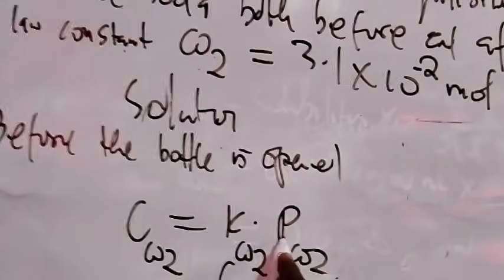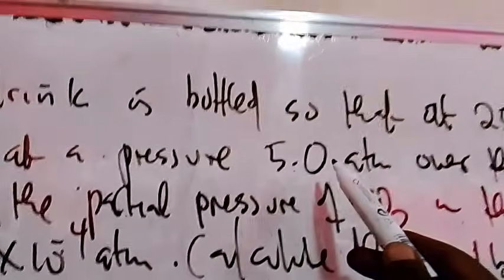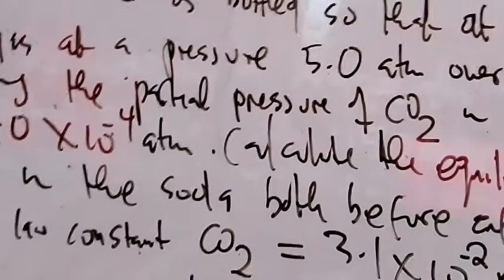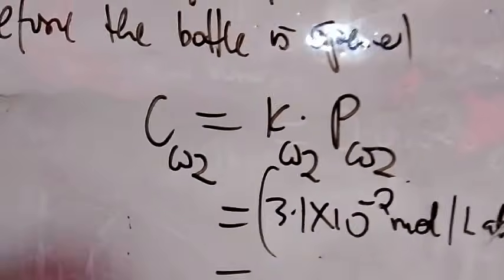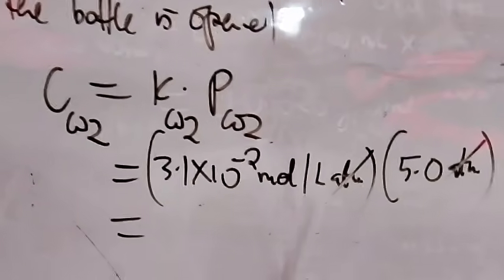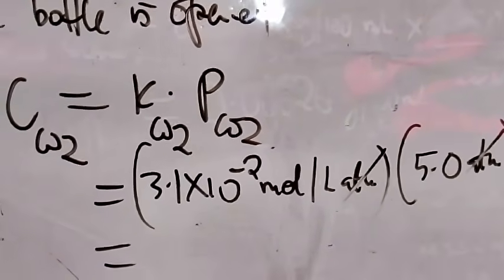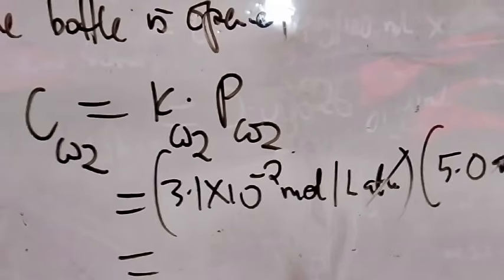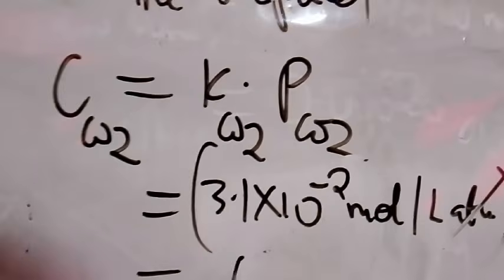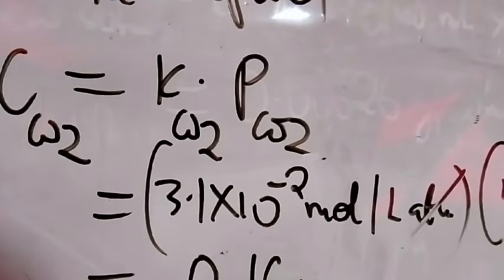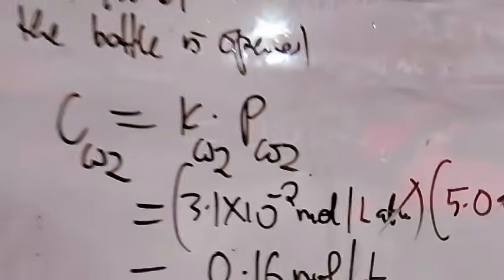Then the partial pressure of carbon dioxide in the bottle is 5.0 atm. So you cancel the atm, then you multiply. You are going to find 0.16. So the concentration is 0.16 mole per liter.